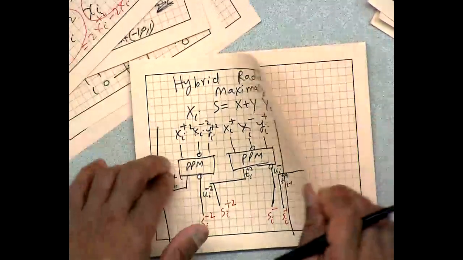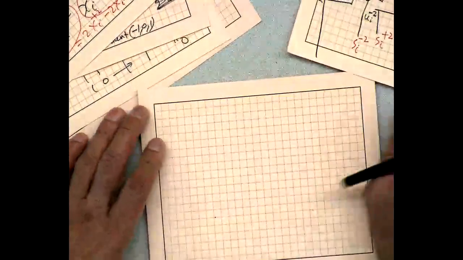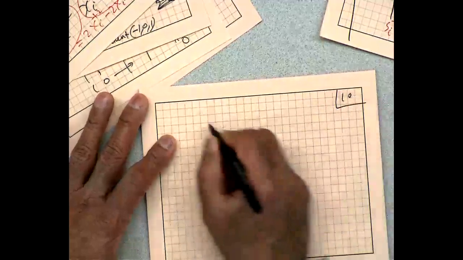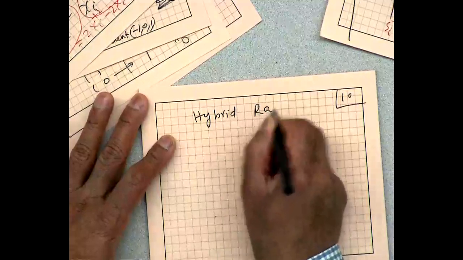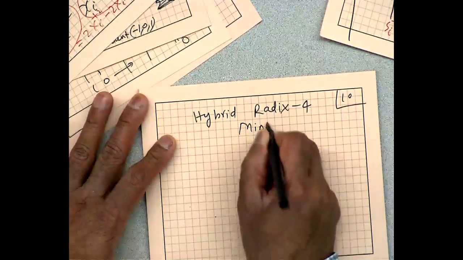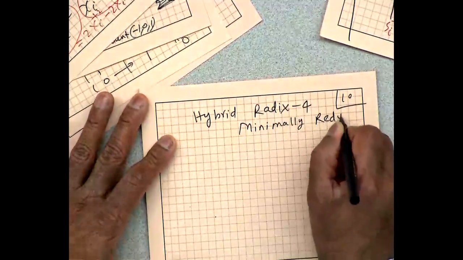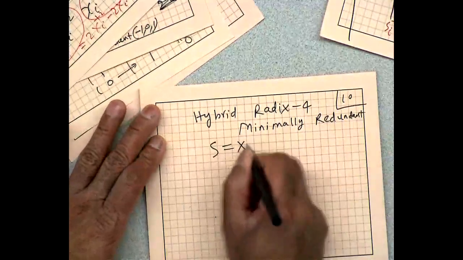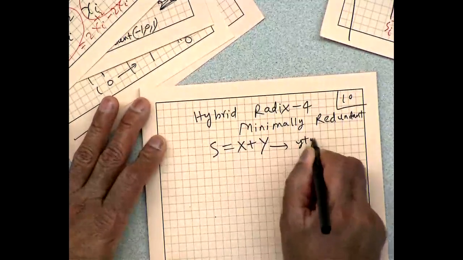So I can go to minimally redundant and we'll do the same kind of operation. S is equal to x plus y, y again is y plus 2.